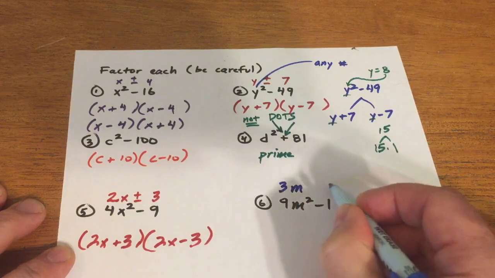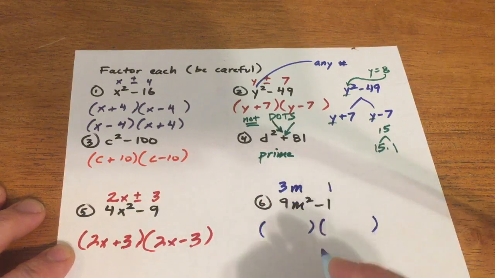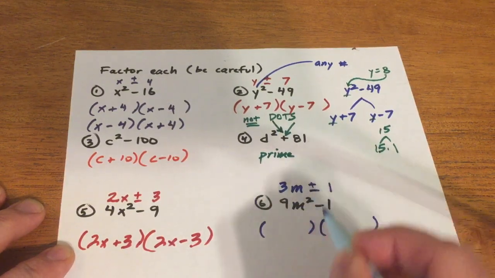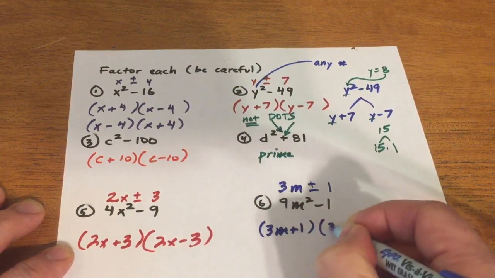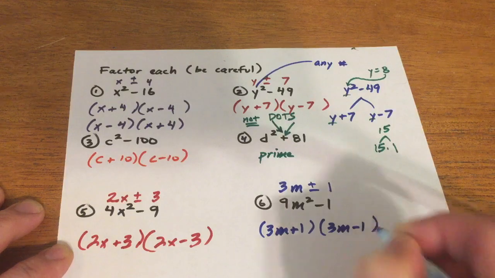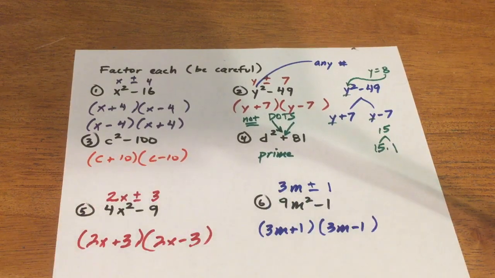And square root of 1 is 1. So writing out our answer here, it'll be 3m plus 1, 3m minus 1. Just like that. All right, ladies and gentlemen, let's go ahead and plug in a number for m here. What number should we plug in? Any number you want. That's the great thing here.